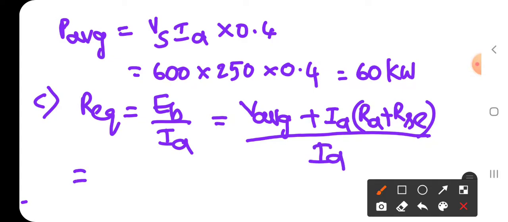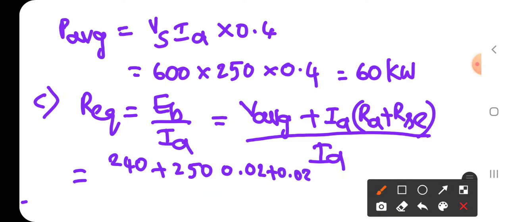Now, what is V average? We know that it is 240 plus 250 into (0.02 plus 0.03) over 250.